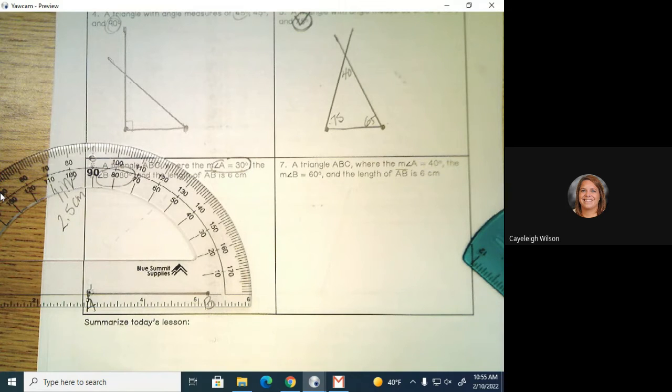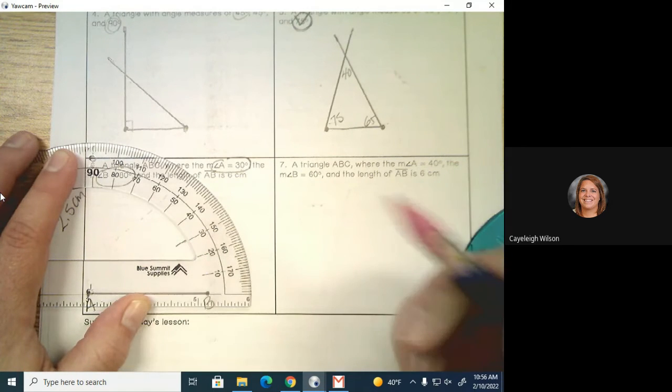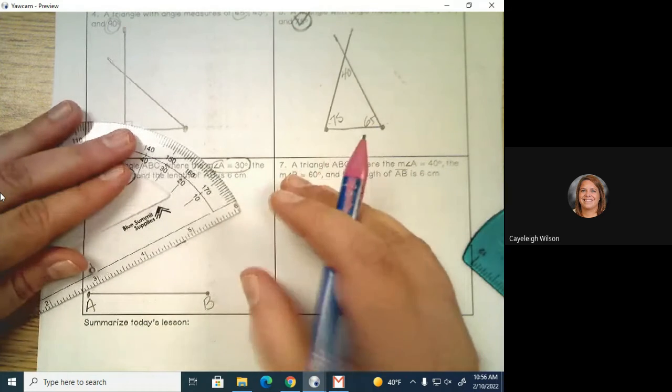I said put 30 degrees on angle A. So on angle A, you should be putting a degree of 30. So there's 30. I'm going to connect it.